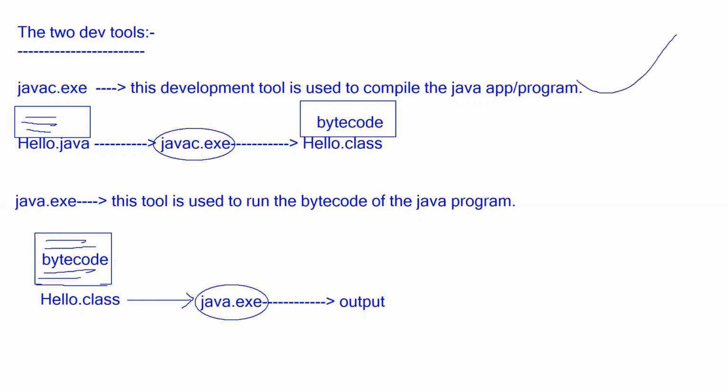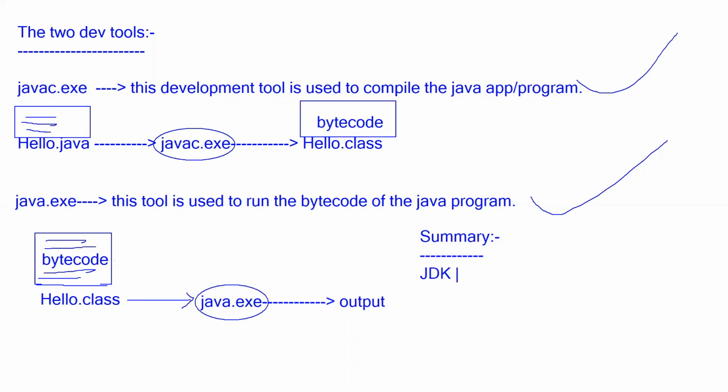So these two tools are really important, and we'll be using them in our applications most of the time. Okay, all right. So far we have discussed the Java software and the components available in it. The summary of this discussion goes like this: what is JDK?